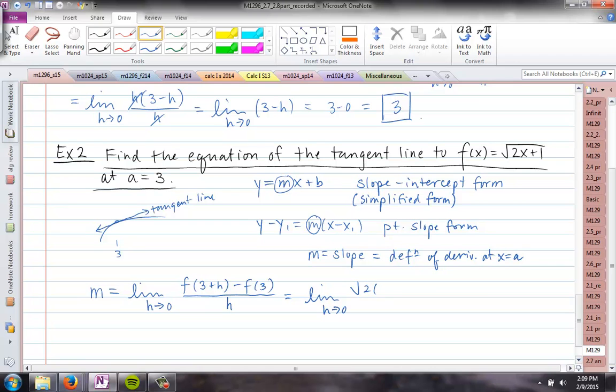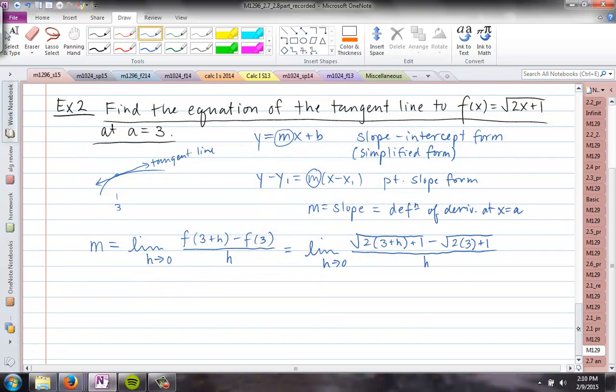So I need some parentheses around it to show that 2 is times the whole thing. And then plus 1. Get really good at plugging in the function, the a plus h part. The f of 3 could be done as side work, or just go ahead and plug in 3 for x in the function, and then you can figure it out within this larger definition of a derivative limit.